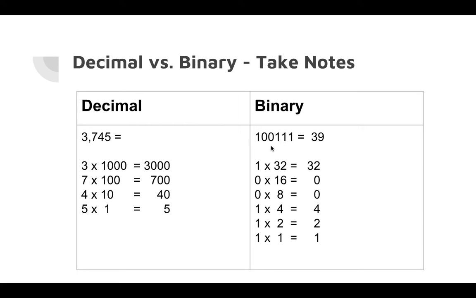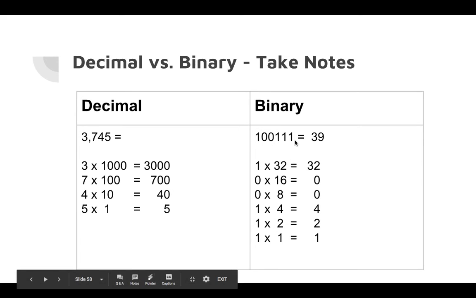We do the same exact thing in a binary system. So instead of 1, 10, 100, 1,000, it's going to be 1, 2, 4, 8, 16, 32. And so wherever there's a 1, then that place value has a value. And where there's zeros, there isn't any.